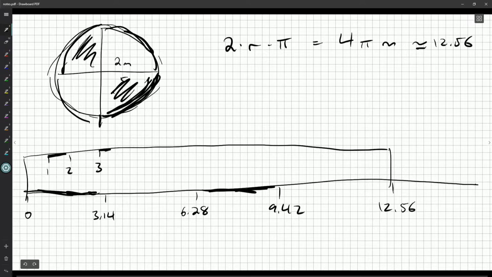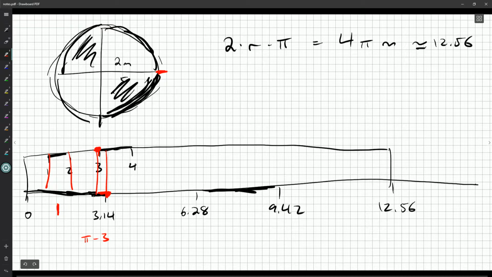It'll be shaded from 3 all the way up to 4. Now, in terms of overlap shading, they're both shaded here, they're both shaded here. So this is a distance 1. This little bit of overlap is going to be pi minus 3, however long it takes to go from 3, where the path starts shading, up till pi, where the circle stops being shaded.